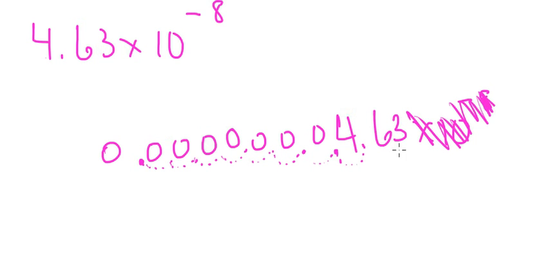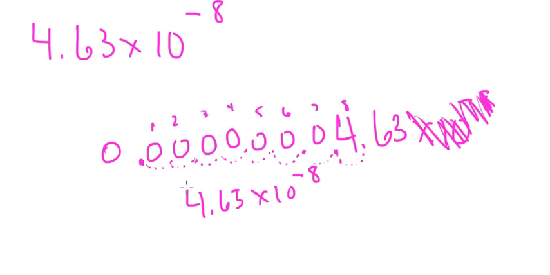So if I want to go back to scientific notation and take this decimal back to where it belongs, it's going to go 1 place, 2 places, 3, 4, 5, 6, 7, 8 places, 8 spots to get over here, and that's how I get 4.63 times 10 to the negative 8, because it took me 8 spots to go this direction.